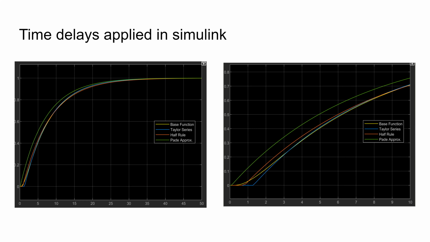But the half rule and Taylor series both quickly approach the original transfer function with only minor errors in the very beginning of the process due to having different points at which the function kicks into effect.